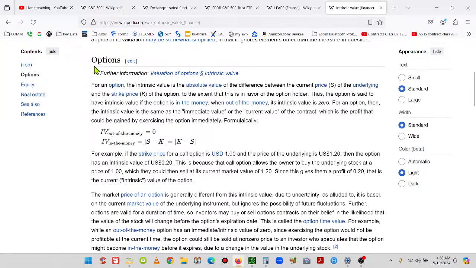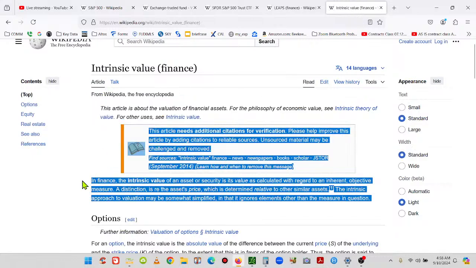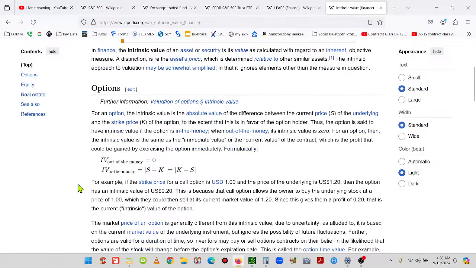Okay, so here we have an option-specific definition for intrinsic value. That is worth a read.